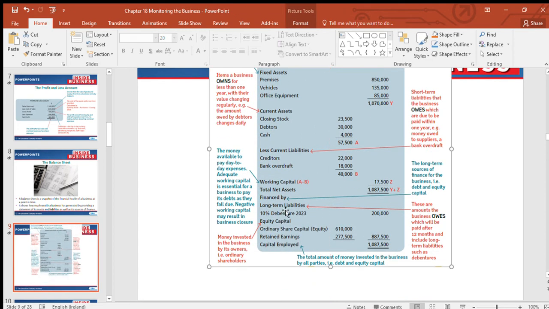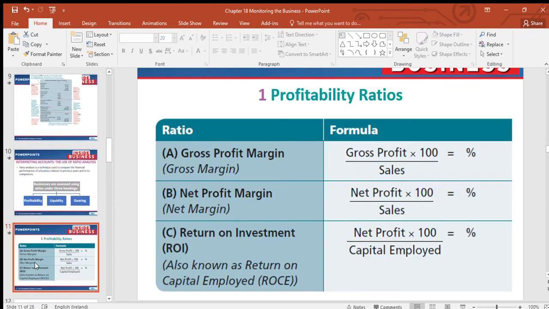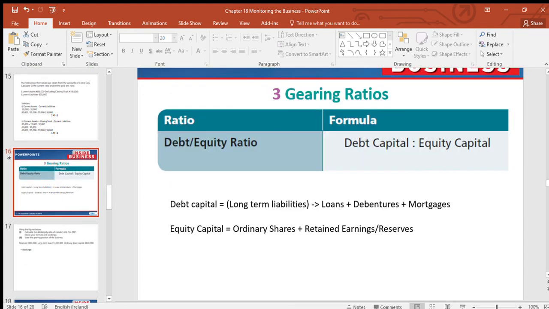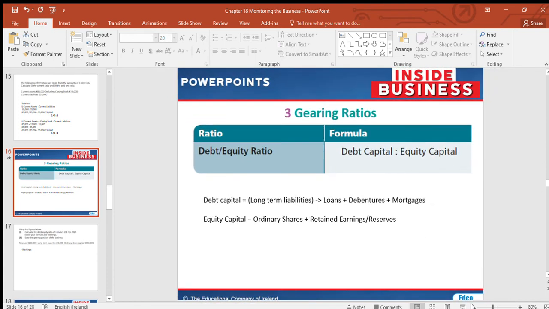So this is my balance sheet, my long-term liabilities: my debenture, or maybe a long-term loan or a mortgage. These are my long-term liabilities. This is my debt, because as a business, I financed my business by taking out a 200,000 euro debenture from another company.